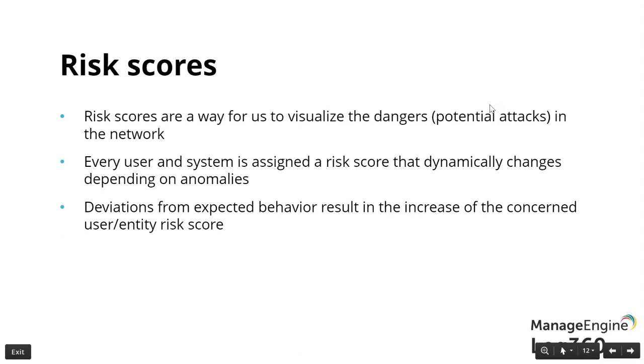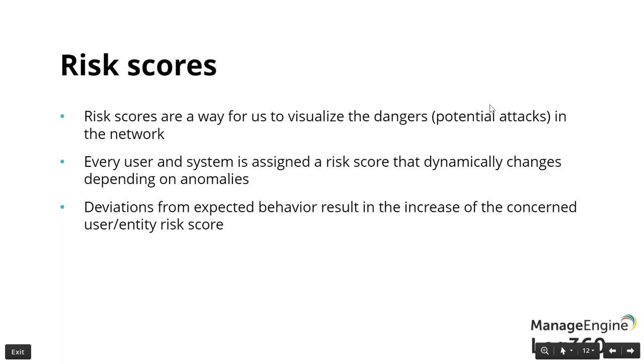Risk scores are simply a way for us to visualize dangers in our network. Rather than the traditional way of just looking at reports and charts and waiting for alarms, by using risk scores, we can do a sort of live tracking of a security incident by just observing how the risk scores of each user and entity change.